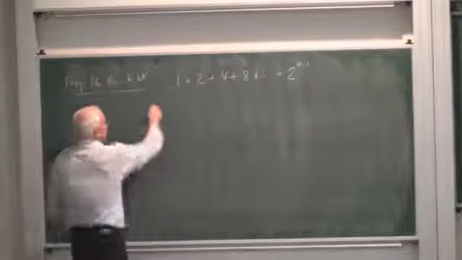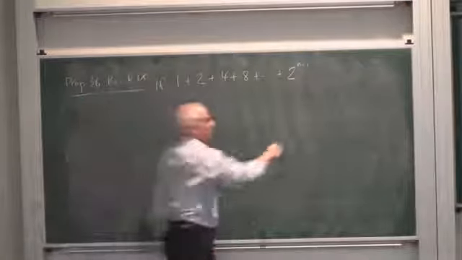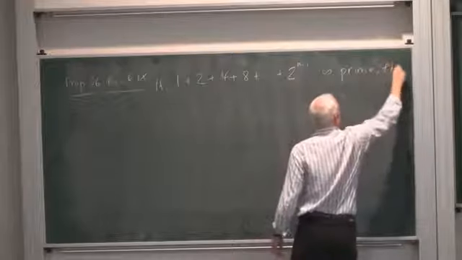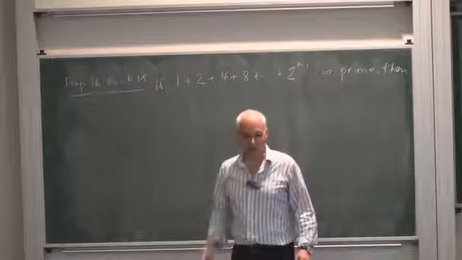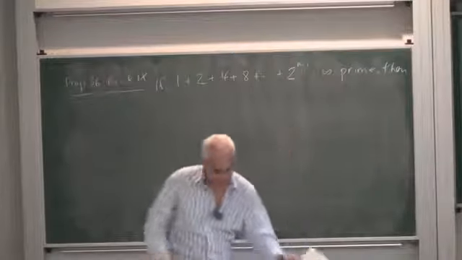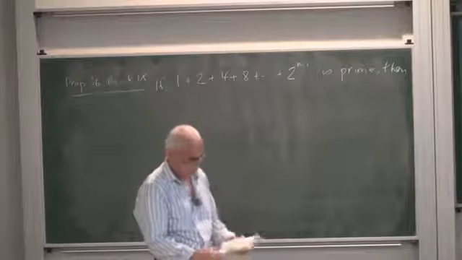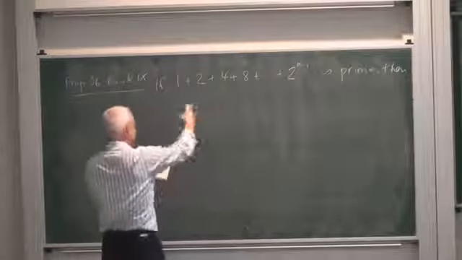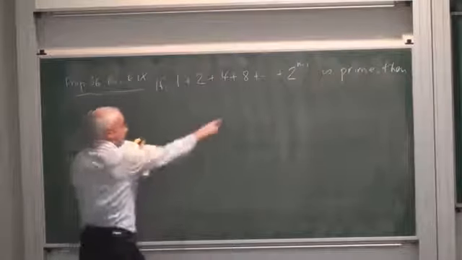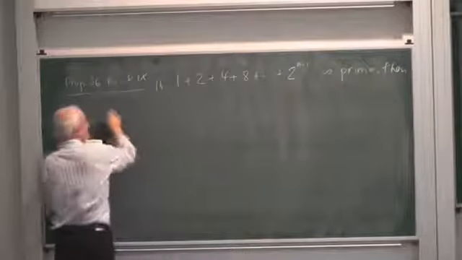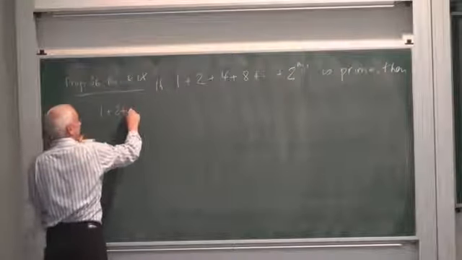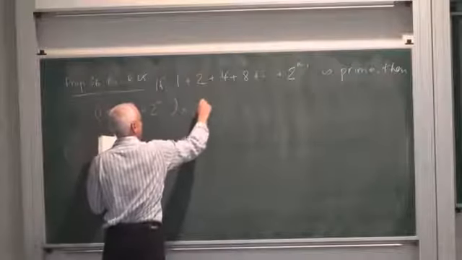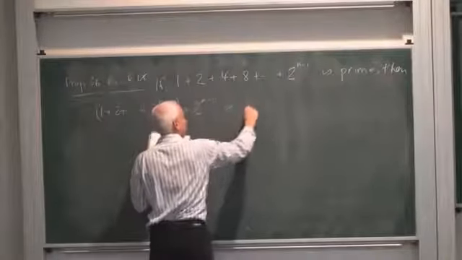So if this number is prime, then the sum multiplied into the last, this is the last, then 1 plus 2 plus all the way up to 2 to the n minus 1, times 2 to the n minus 1, is perfect.